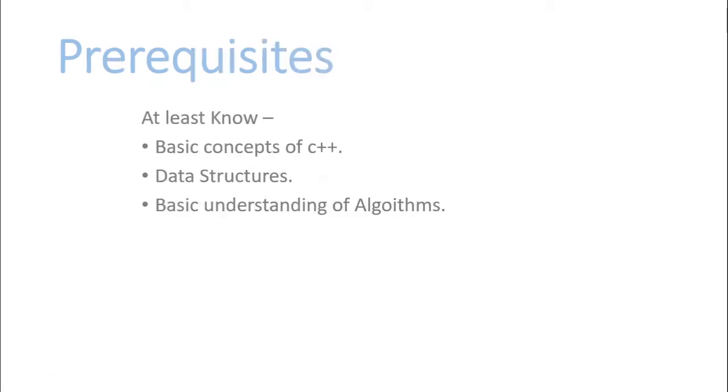But before we start, you should have some basic concepts about C++ like arrays or loops or conditions or structures or classes. And another thing that you should have is a minimalistic understanding about data structures like stacks or heaps or queues, or even if you know about hash tables and other stuff, then they're of course going to come in your advantage because STL provides you with all these data structures that you can think of.